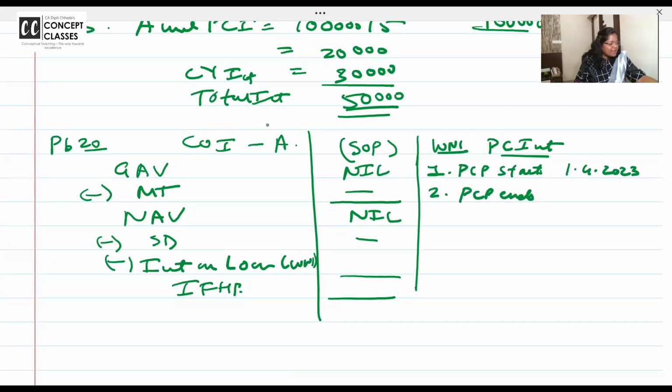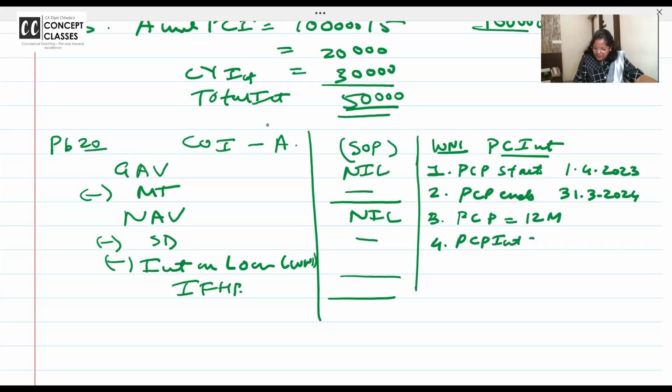Pre-construction period ends on 1st April 24, so 31st March 2024. Pre-construction period is 12 months.